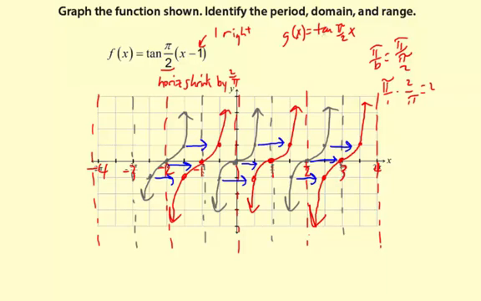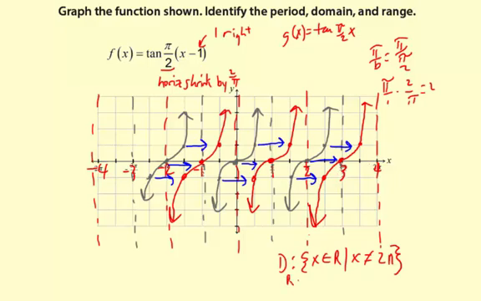Okay, now what's the period, domain, and range? Again, we're focusing on the red. The asymptotes are at x equals 0, x equals 2, x equals 4, and so on. So I can say the domain: x is an element of the real number set such that x is not equal to 2n, because the asymptotes are at multiples of 2: 0, 2, 4, negative 2, negative 4.